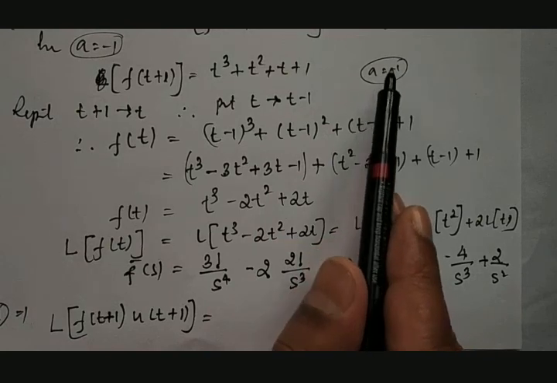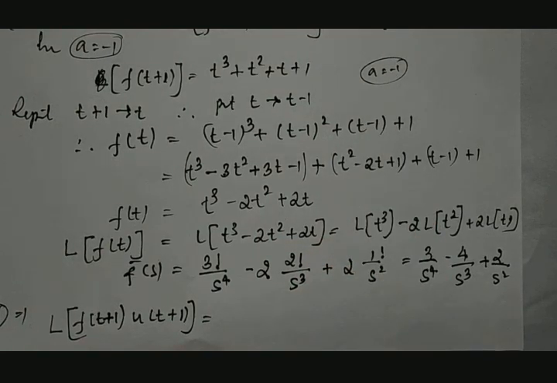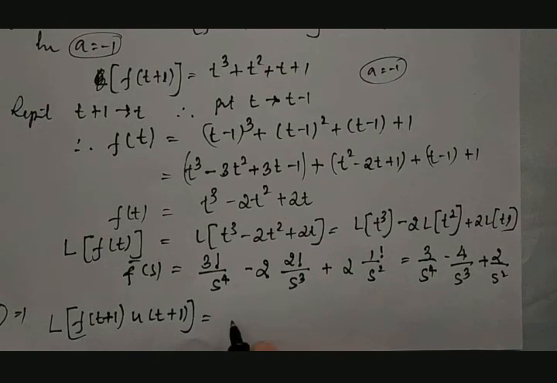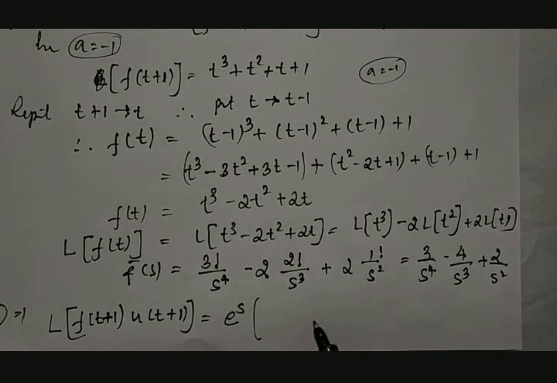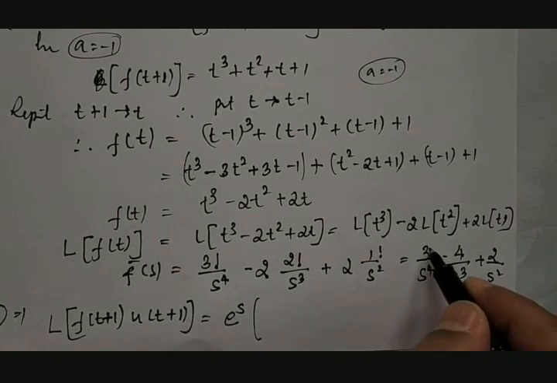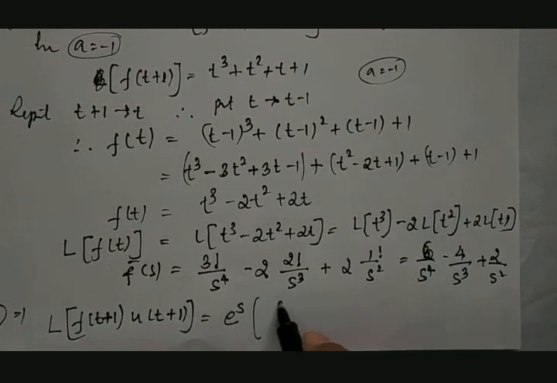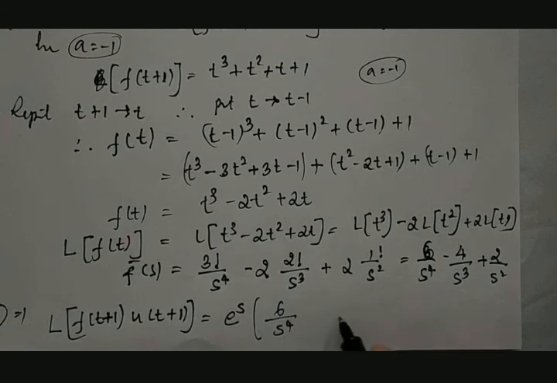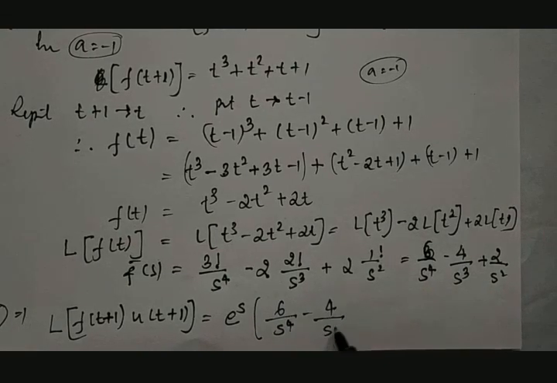So e raised to minus of minus s, it becomes e raised to s into here 3 factorial, sorry, it is 6. So it is 6 divided by s raised to 4 minus 4 divided by s cube.